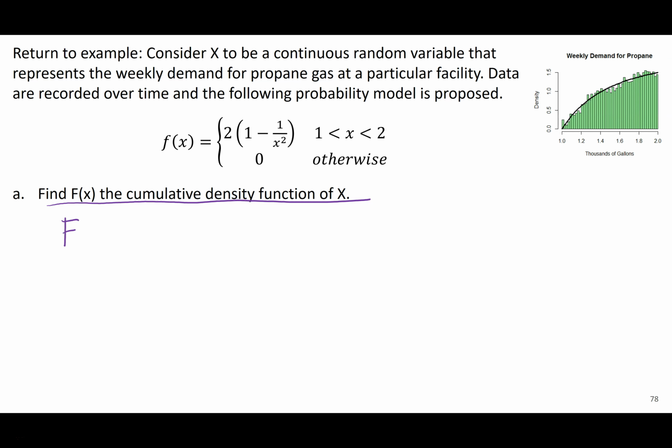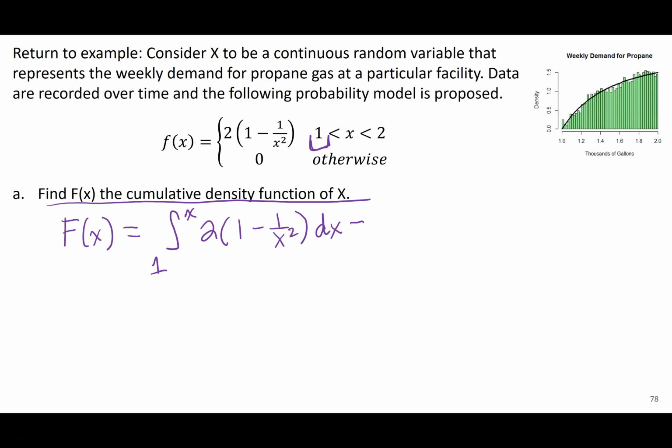So F of x here would be the integral from my lower bound, so 1 is the lowest that x will go to, all the way up to whatever x is, of 2 times 1 minus 1 over x squared dx.